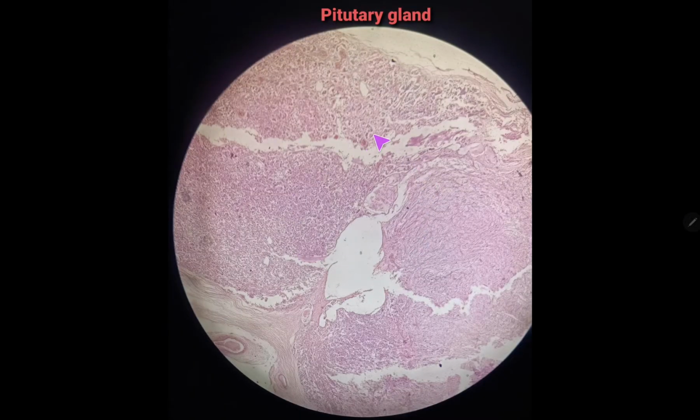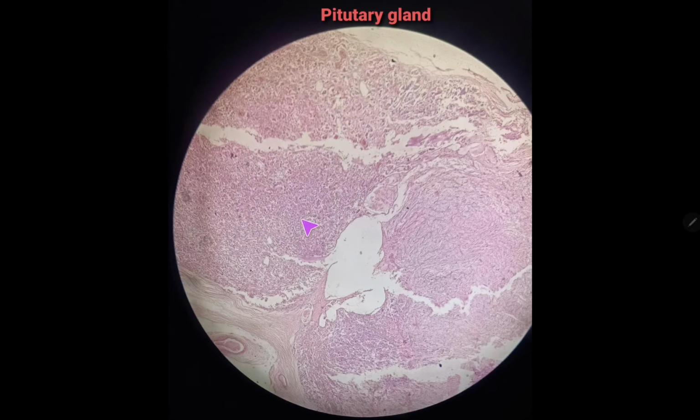So to sum up, in this slide you should see the pituitary gland. It is surrounded by a connective tissue capsule, and it has two parts, anterior part and posterior part, and three zones: pars anterior or adenohypophysis, pars posterior or neurohypophysis, and pars intermedia. This pars intermedia is basically part of the adenohypophysis.